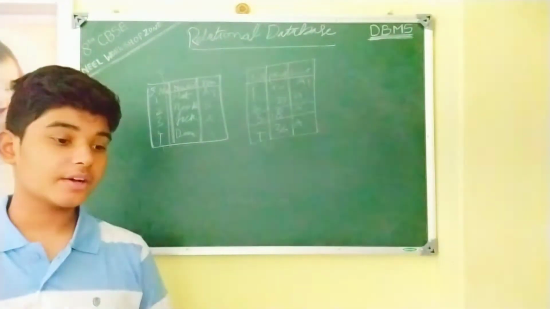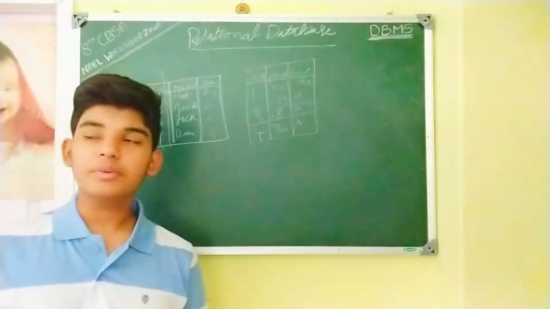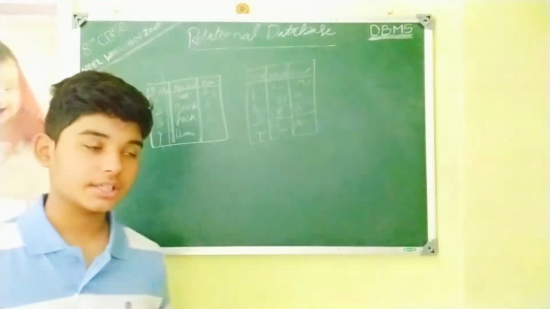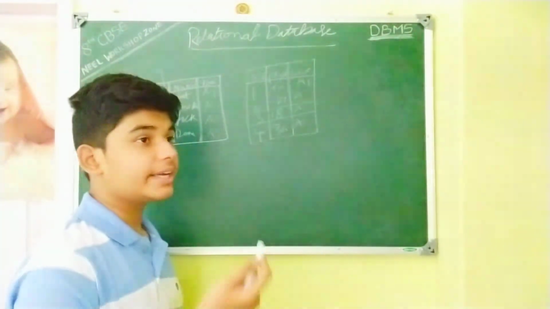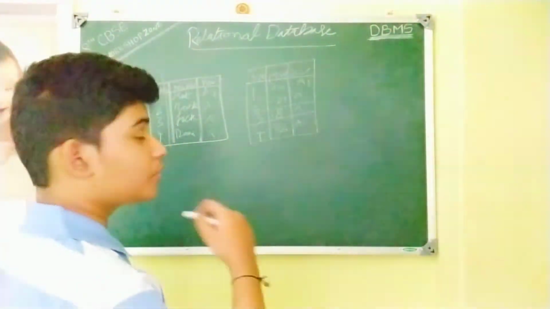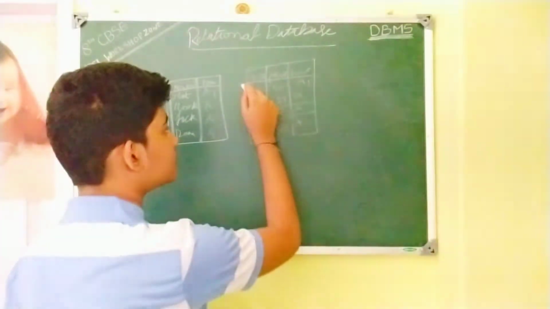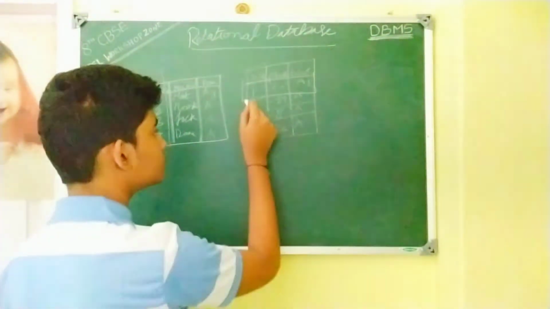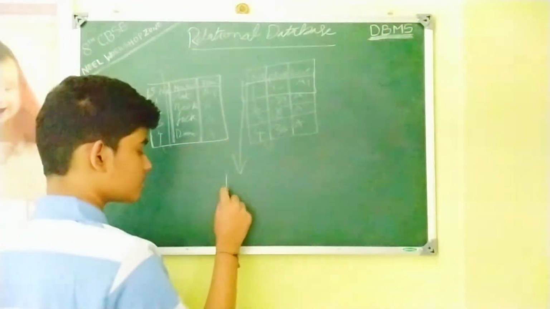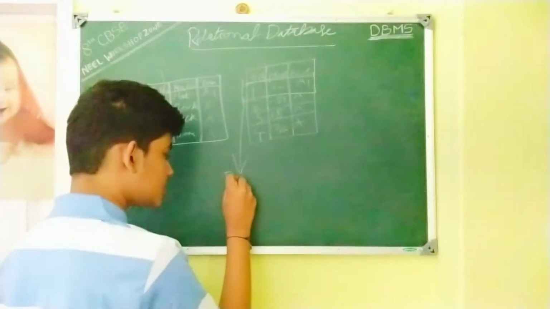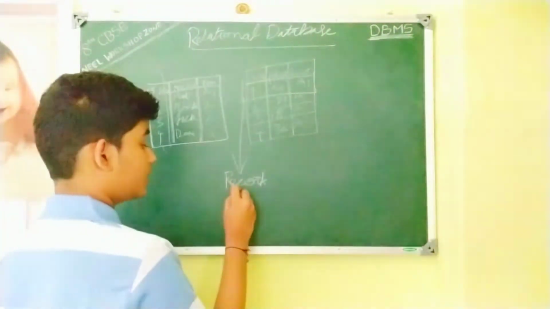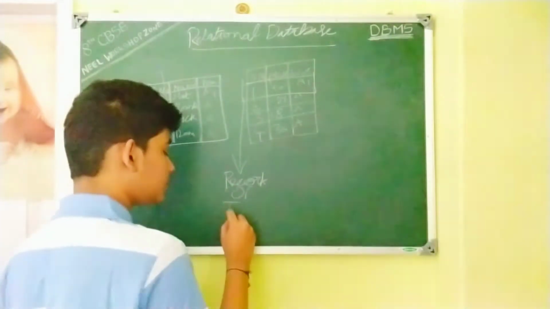Now next we have rows and columns. You might have heard of them if you know about tables. Now in database, a row is called a record or tuple.